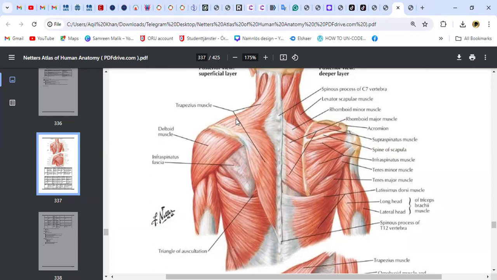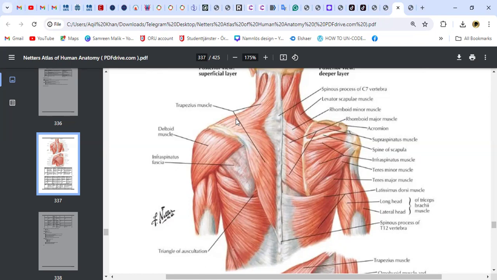So simple. It elevates the scapula, the trapezius muscle I'm talking about. It elevates the scapula from the descending part. It retracts the scapula in the transverse part of it. It depresses the scapula in the ascending part, or it rotates the scapula, the parts acting together. So it basically elevates, retracts, depresses, and rotates the scapula.